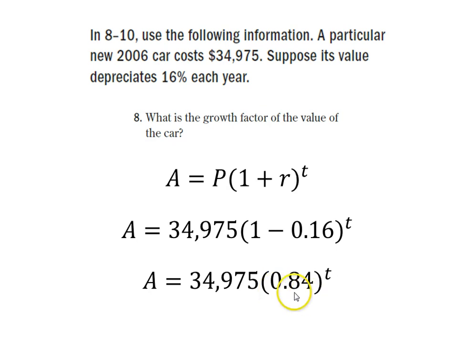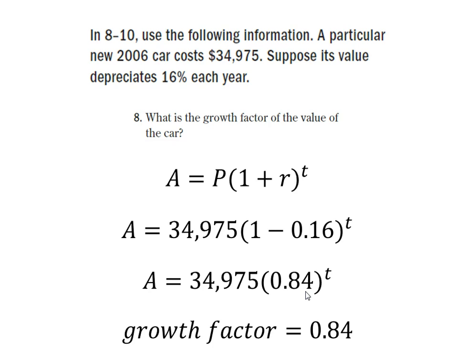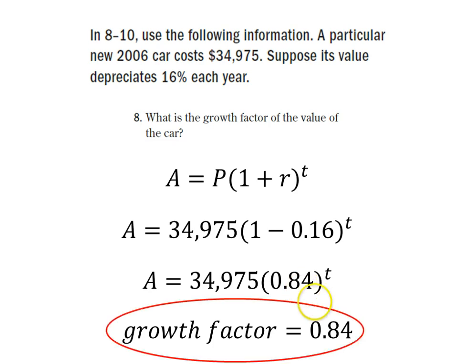So in this case, the growth factor is 0.84 because the car is maintaining 84% of its value every year. The growth factor, again, is the base of the exponent in an exponential function or equation. So in this case, the growth factor is 0.84.